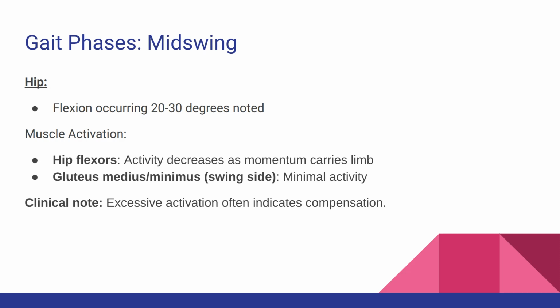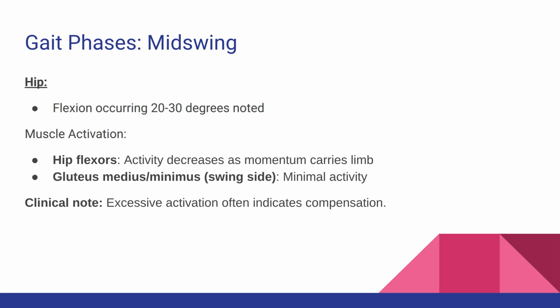Mid-swing is primarily a momentum-driven phase. Hip flexion typically reaches 20 to 30 degrees during this phase, allowing adequate toe clearance. Muscle activity decreases significantly as the limb continues forward due to the momentum generated earlier in swing.